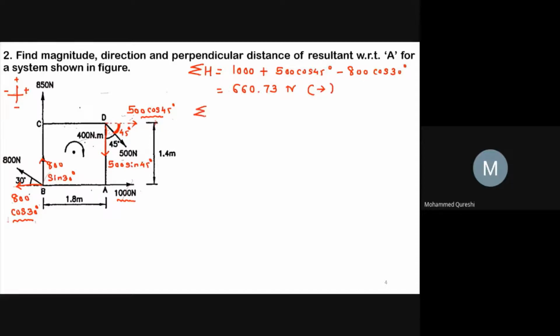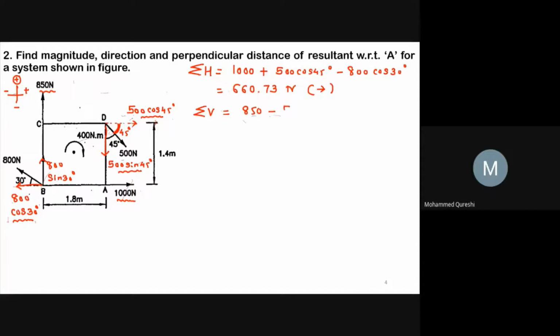Now we will go for vertical forces. So summation of all the vertical forces. So first of all, this force 850 Newton and it is going towards positive y-axis, hence it will be positive. Then 500 sine 45, it is going downward direction, hence it will be negative.